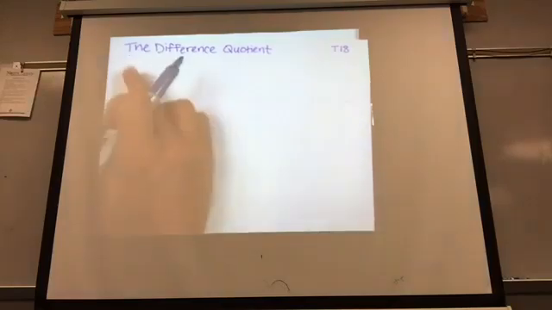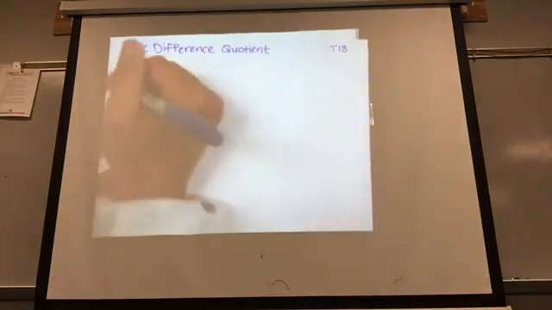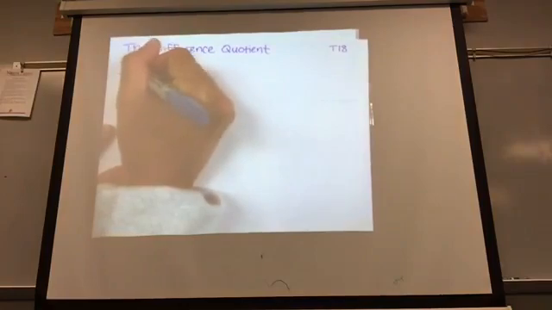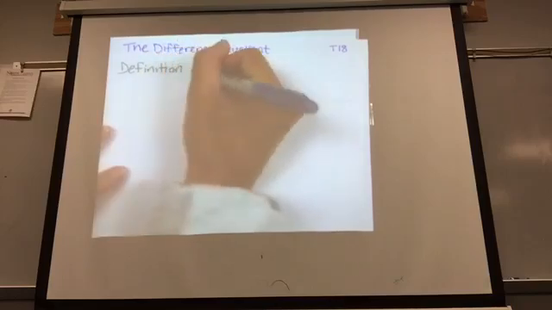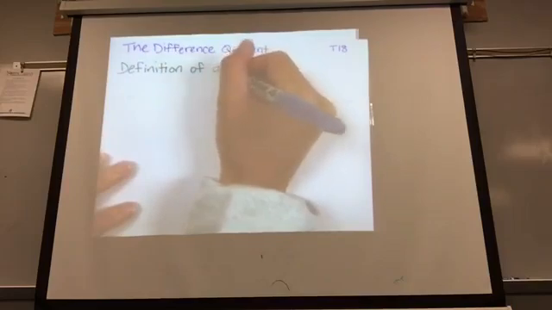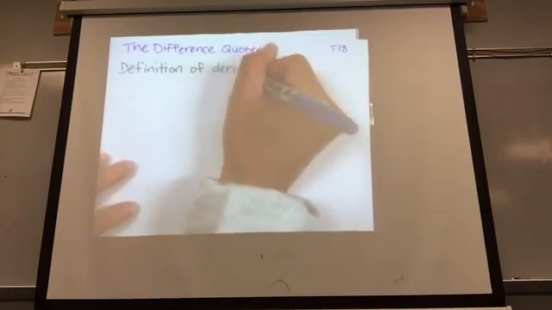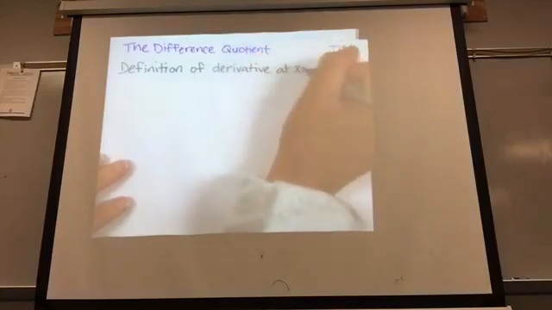So today we're going to look at what's called the difference quotient. And this is the definition of the derivative at x equals c.